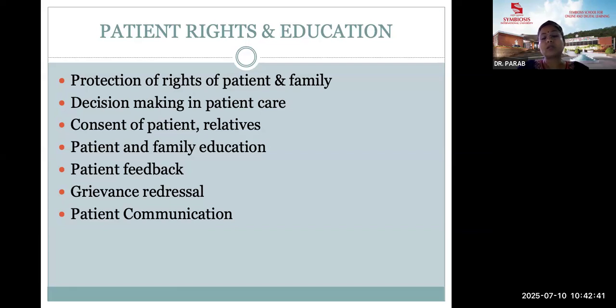So whichever way they wish to collect the feedbacks, they could collect it, but it's got to be documented. It's got to be analyzed so that you can understand which are the strong areas of the hospital, which are the weak areas of the hospital, which needs to be worked upon and improved. Okay.